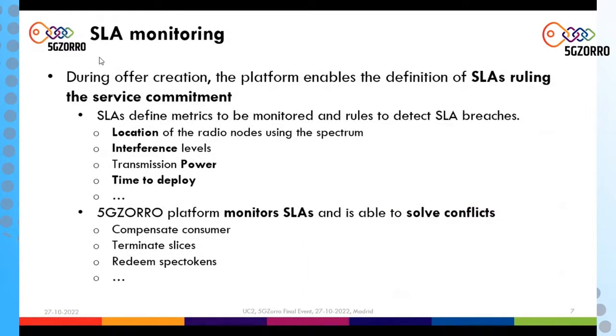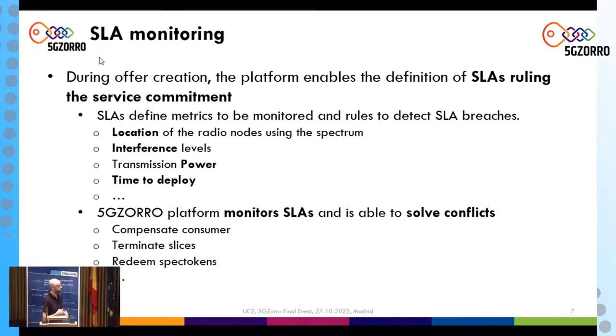The last step here is, okay, we have deployed the slice. Now we need to monitor that its operation follows the SLA that was associated with the offer. So here the idea is that we define metrics that can be monitored, and we define rules that are able to detect these SLA breaches.